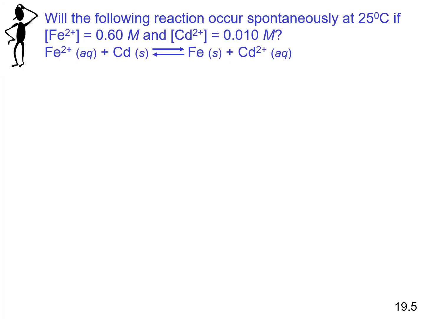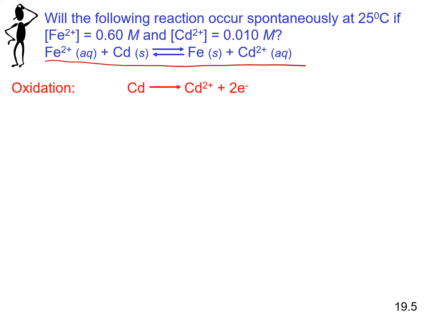So let's apply that in this problem. Will the following reaction occur spontaneously at 25 degrees Celsius? The concentrations are given, and the balanced redox equation is already given. At the oxidation, we have cadmium going from 0 to cadmium 2 plus. Our reduction is iron 2 plus reduced to iron solid.